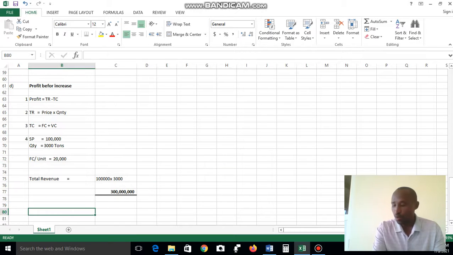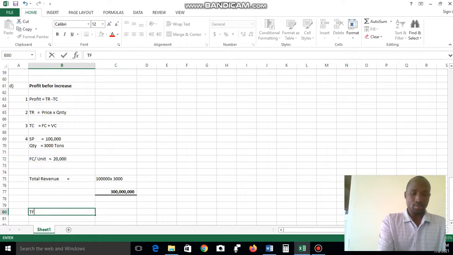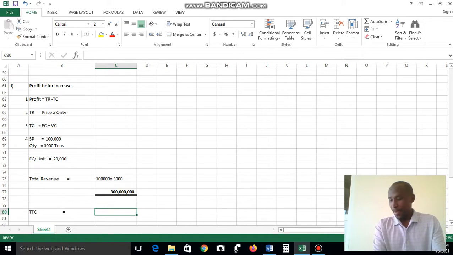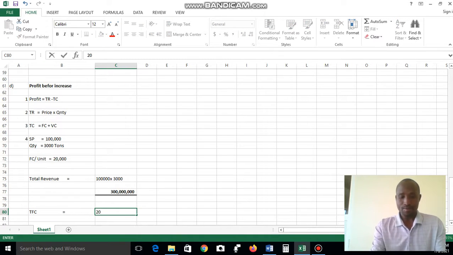Then let us compute our total fixed costs. Total fixed costs are equivalent to 20,000 times 3,000, the current level of activity.